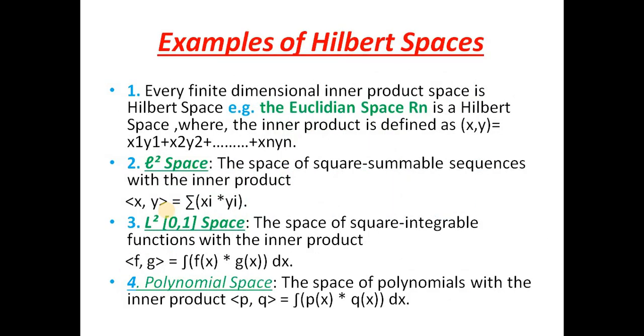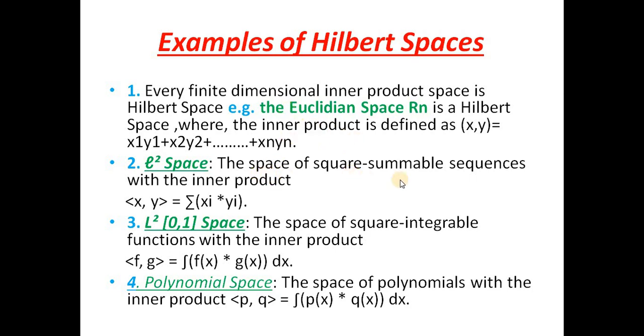Now examples of Hilbert spaces. Every finite dimensional inner product space is Hilbert space. For example, the n-dimensional Euclidean space is a Hilbert space with respect to the inner product defined as the dot product. This one is the definition of dot product here. So if we define the inner product in the Euclidean space as equal to the dot product, then this space becomes a Hilbert space.